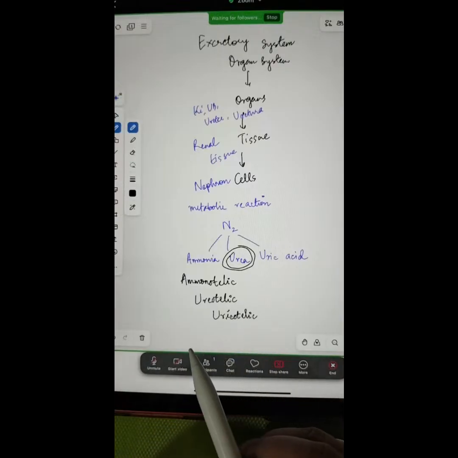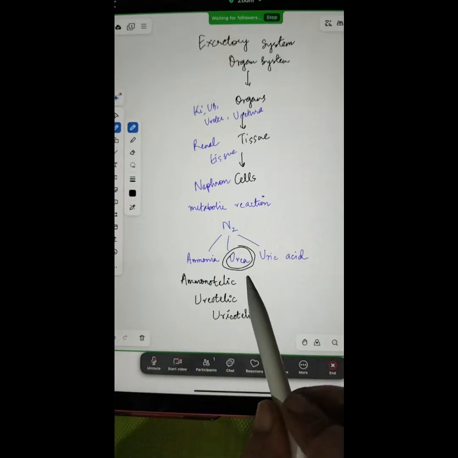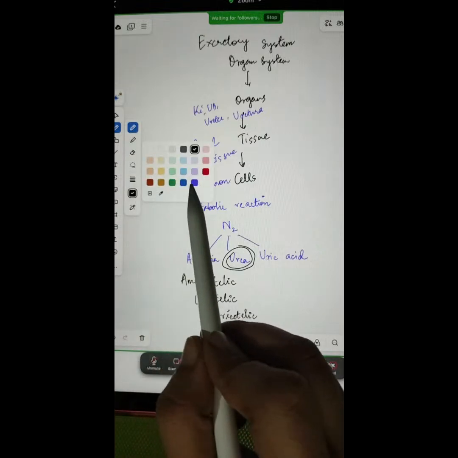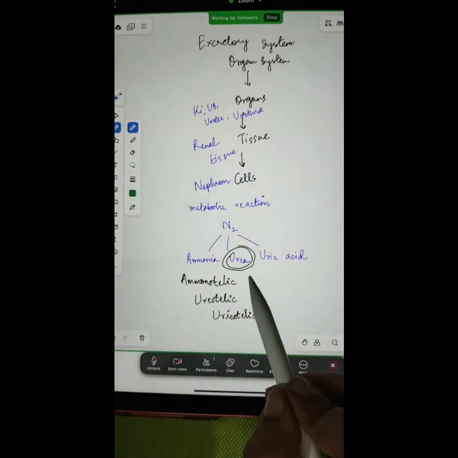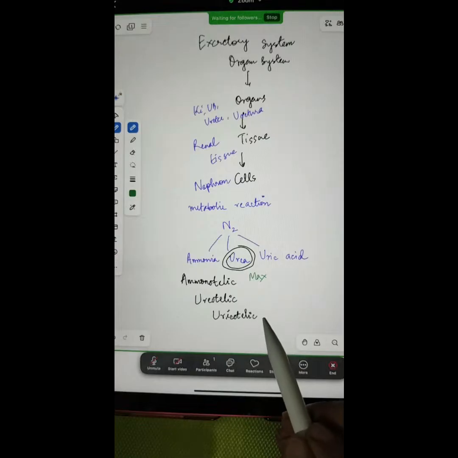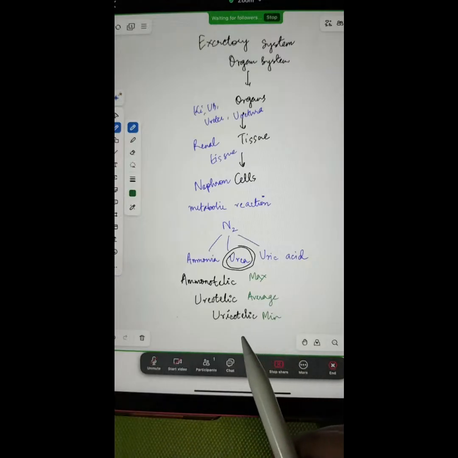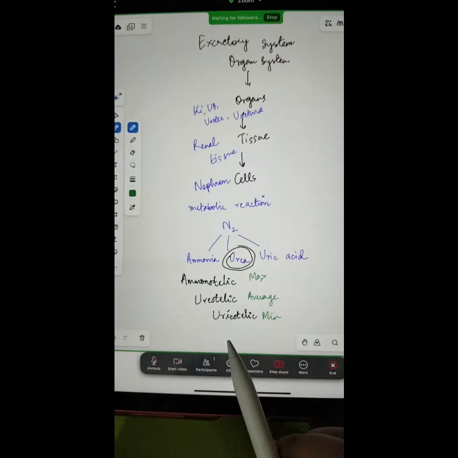So ammonia is ammonotelic, urea is ureotelic, uric acid is uricotelic. The water requirement will be maximum in this and minimum in this, and average in the case if the organism is ureotelic. Let's say the names once again.